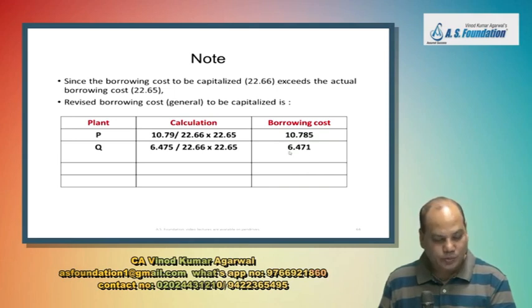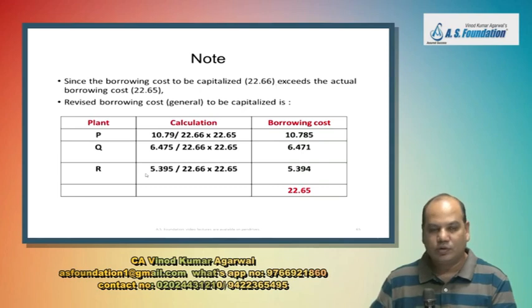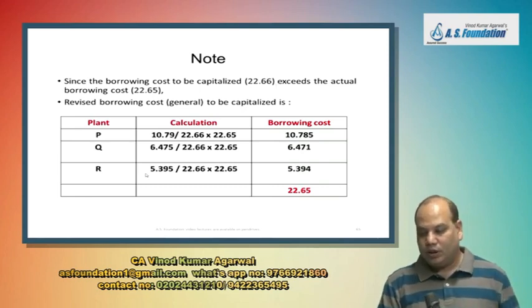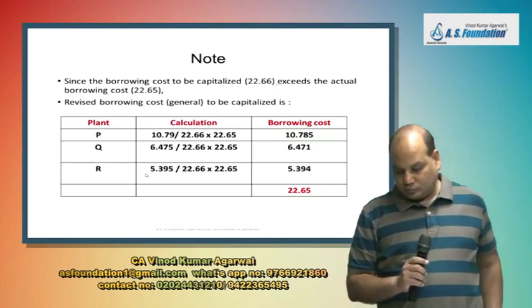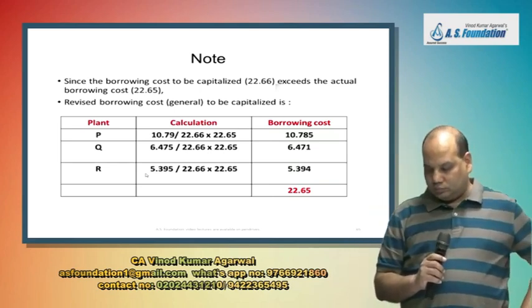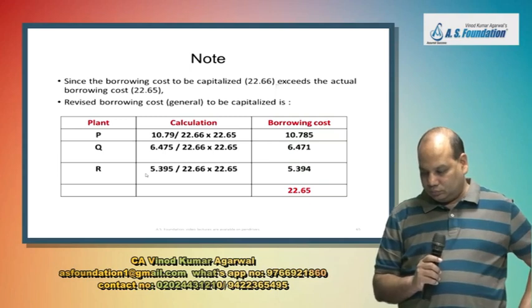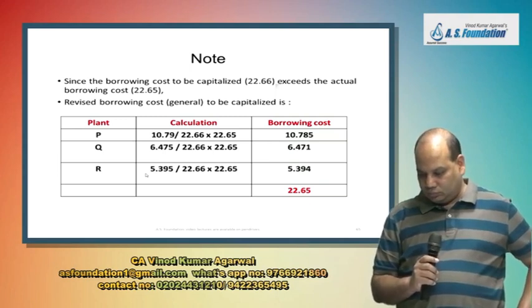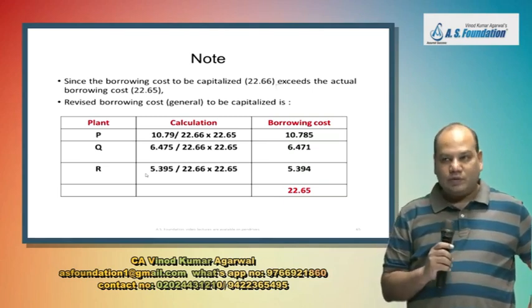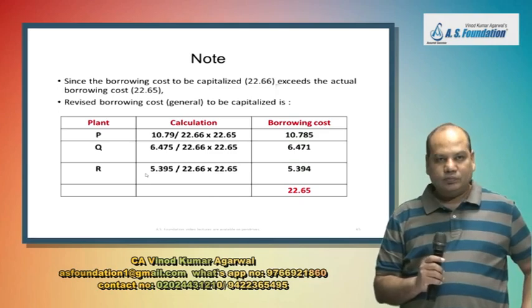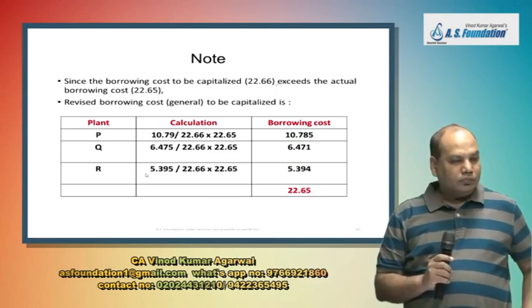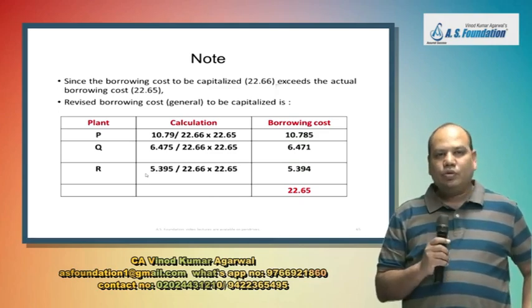So that will give you 6.471. And then R, same calculation. R: 5.395, 5.394, total 22.65. This answer is over.